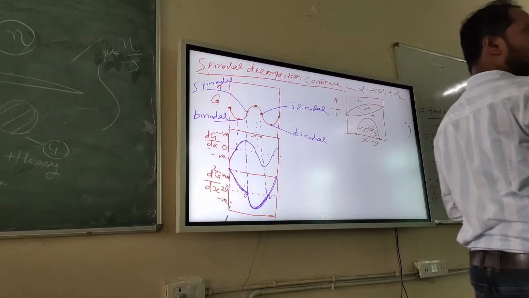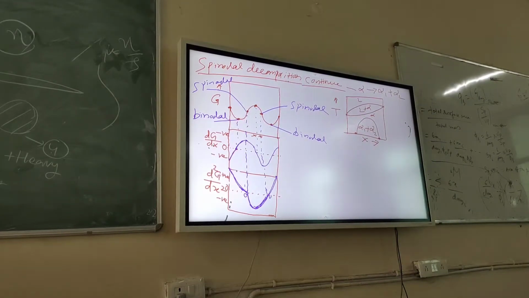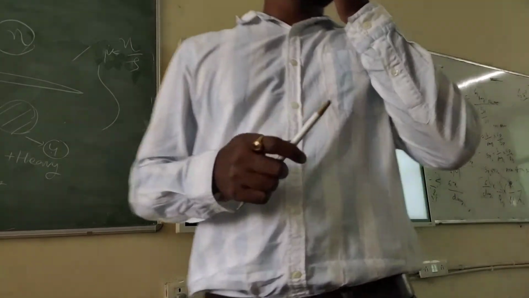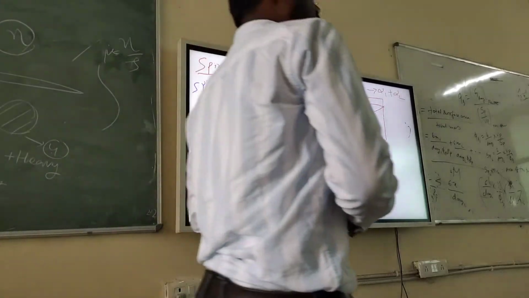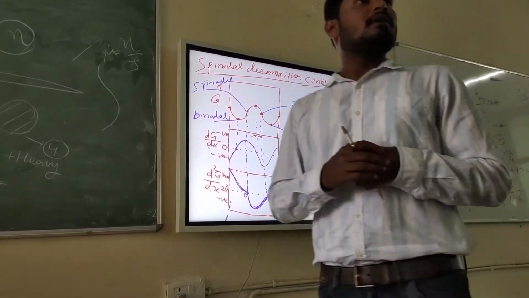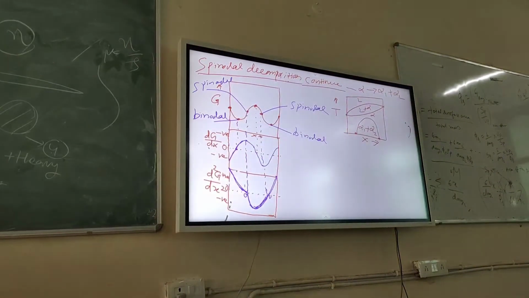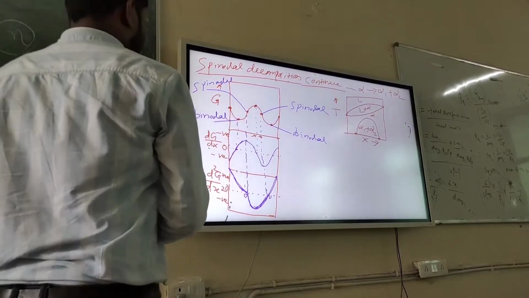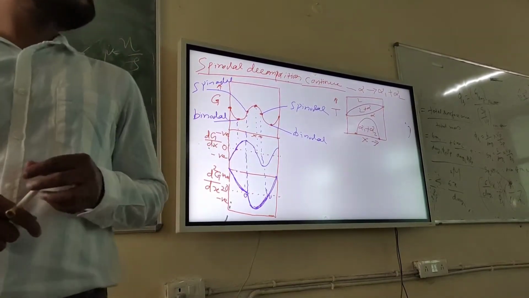Shall I repeat this? D square G by dx square is equal to 0 for a spinodal point, and d square G by dx square is negative for the spinodal region. It is clear from this slope and the double derivative of slope.